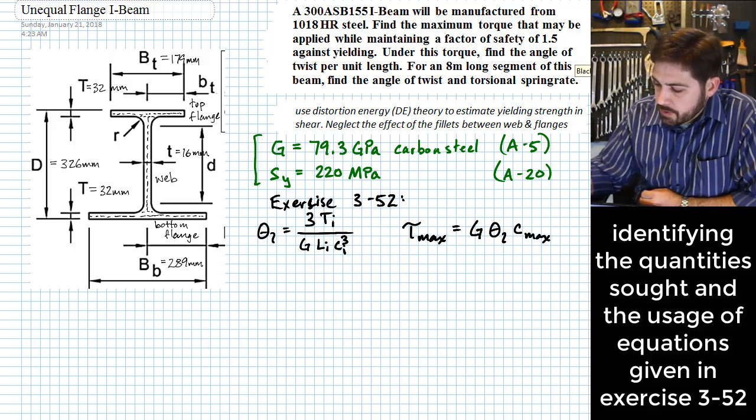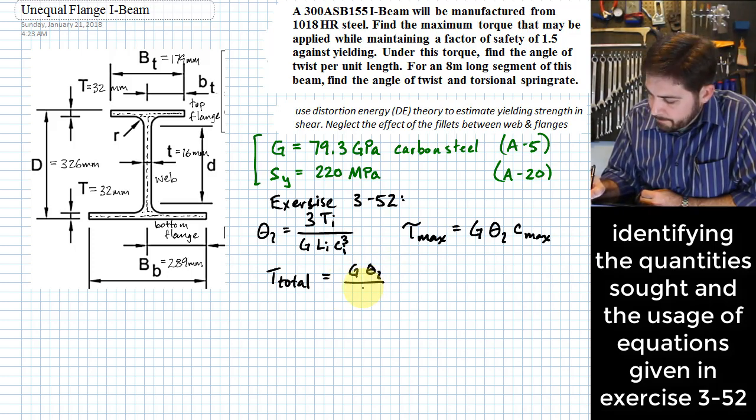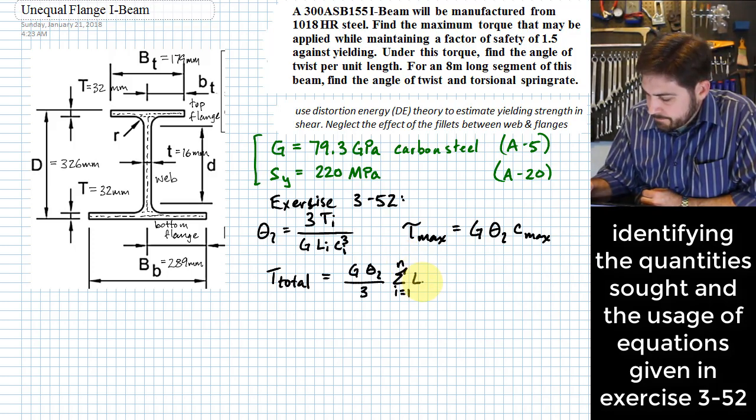The last equation I want to put on here is that the total amount of torque that a cross-section carries is equal to G times theta sub L over 3 times the sum, with i equal 1 to n, where n is the number of segments that compose the cross-section, of L sub i and C sub i cubed.